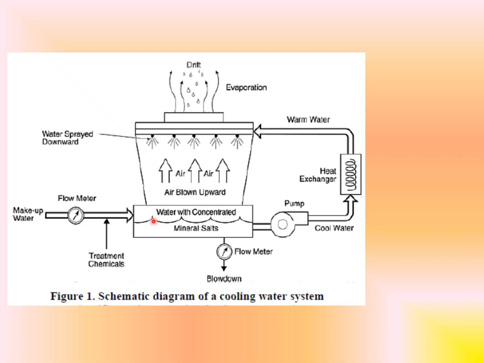It has got a cooling tower tank, water tank, from where ultimately the water is pumped back to heat exchanger, and from heat exchanger, that is condenser, and from condenser it comes the hot water which is sprayed here.